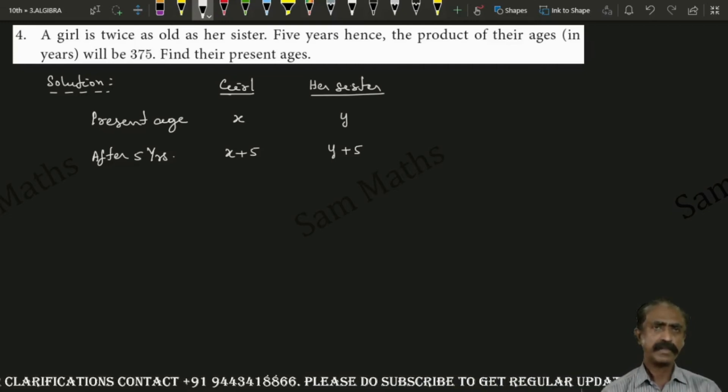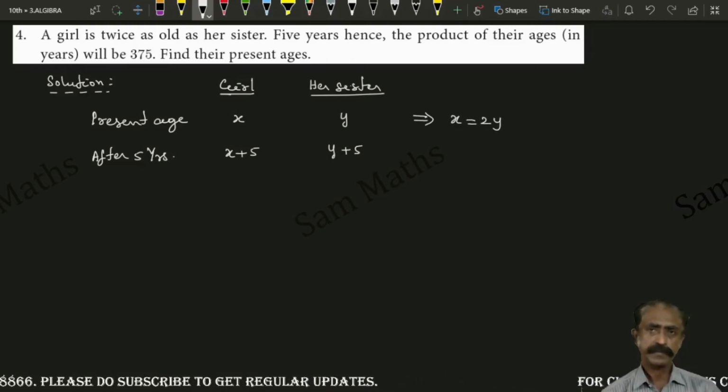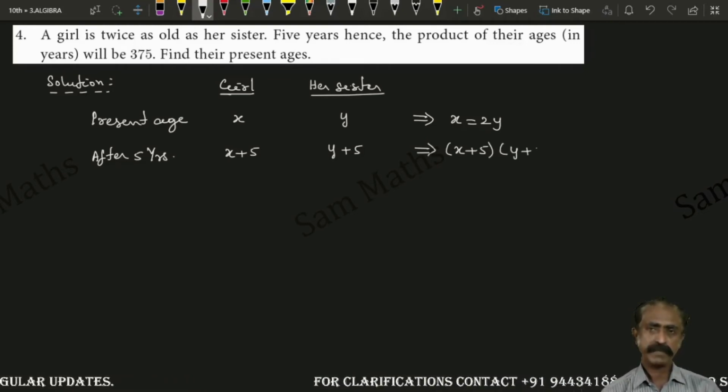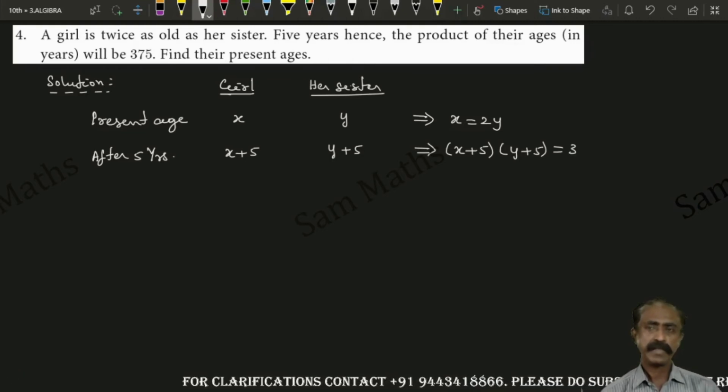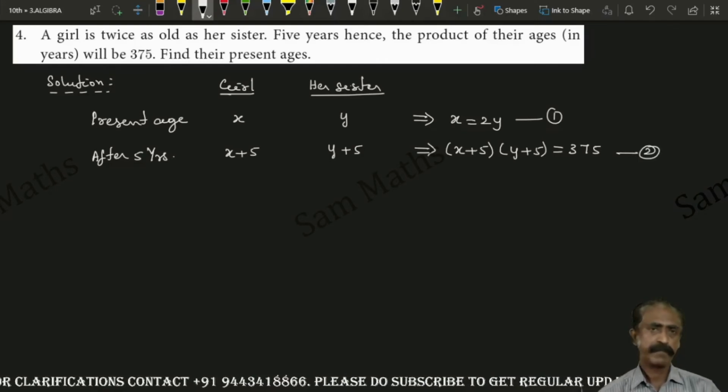A girl is twice as old as her sister. From the first one I am getting x is equal to 2y. From the second, the product, that is x plus 5 into y plus 5 equal to 375. This is the first equation and this is the second equation.